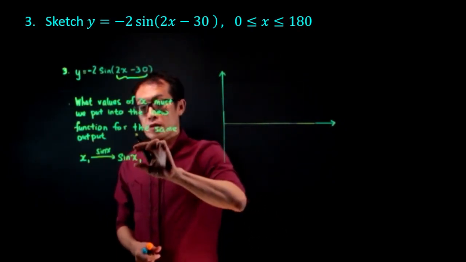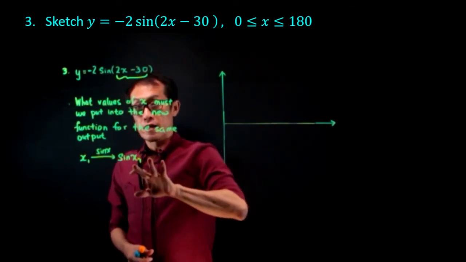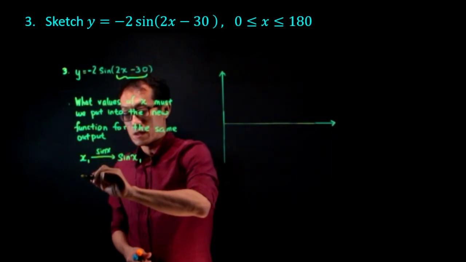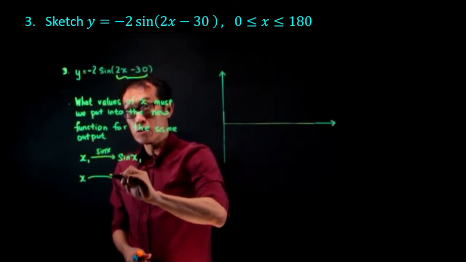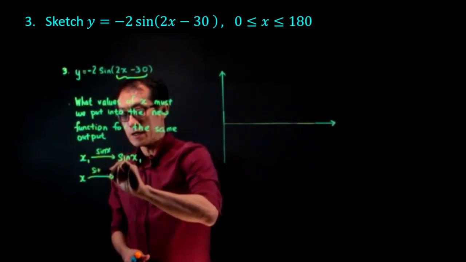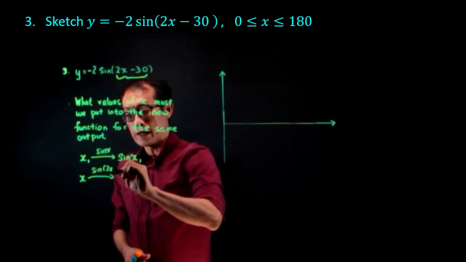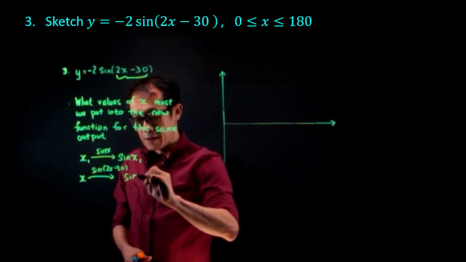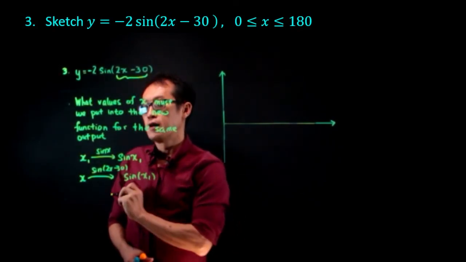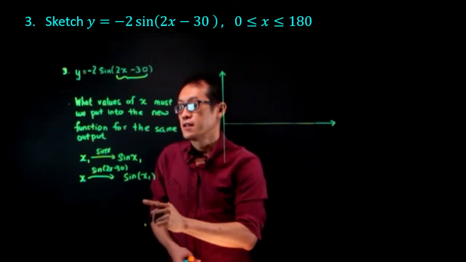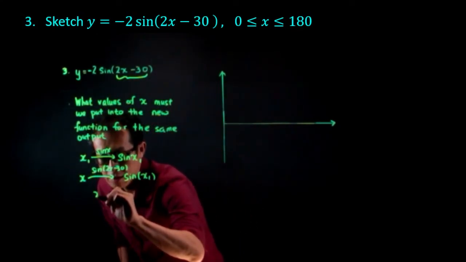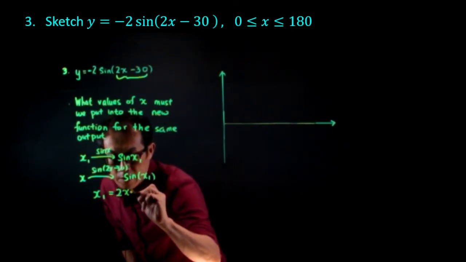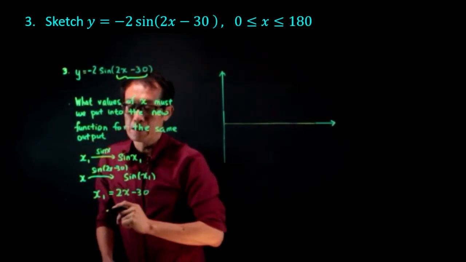So you want this part to be equals to this, all right? Now, that means you put x into sine 2x minus 30, and you want it to be sine x1. That means x1 must be equals to 2x minus 30.